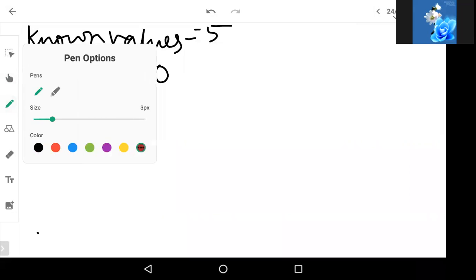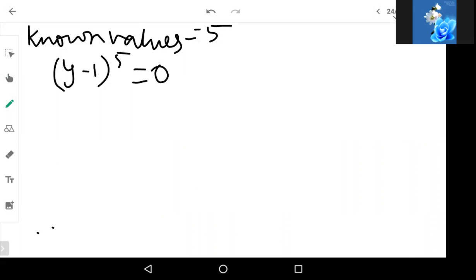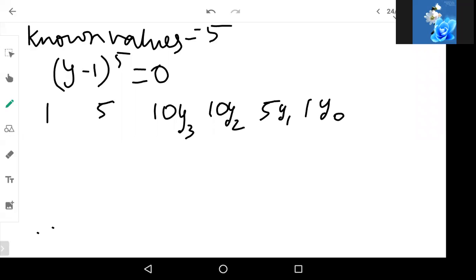Now from right to left, start y0, y1, y2, y3, y4, y5. Now put the signs plus, minus, plus, minus, plus, minus is equal to 0.